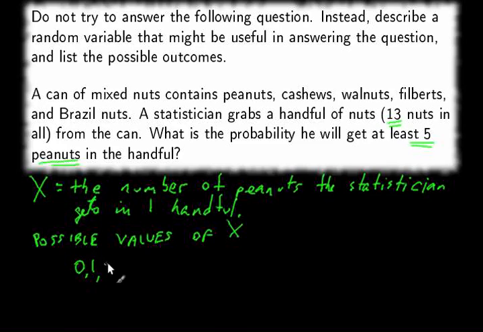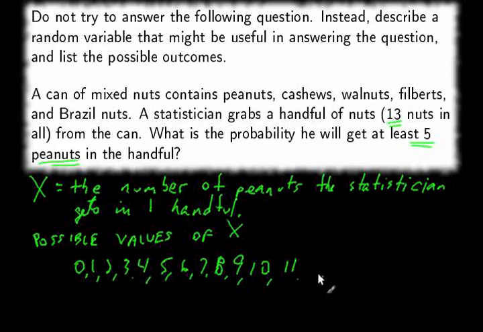He could get 1, 2, 3, 4, and so on, all the way up to 13, because that would mean that all the nuts he drew were peanuts.